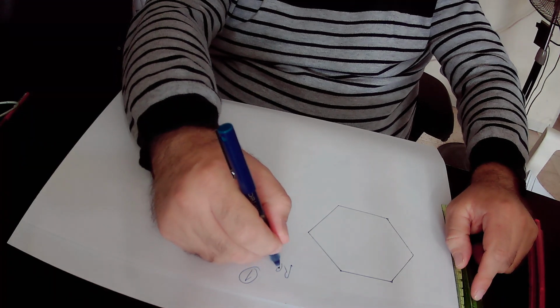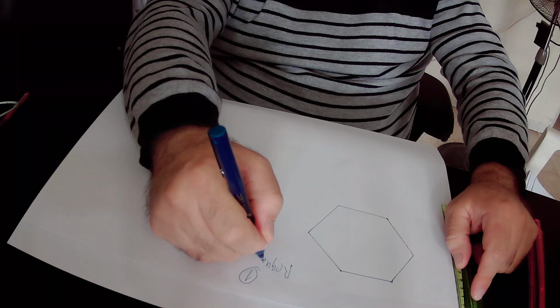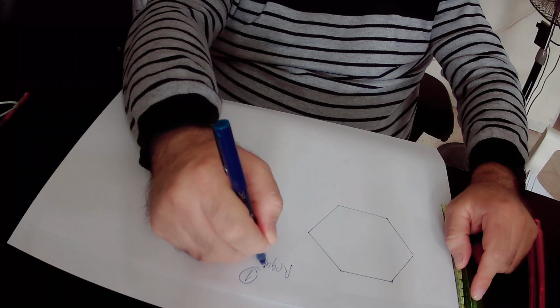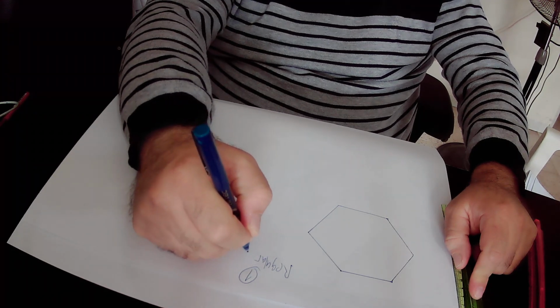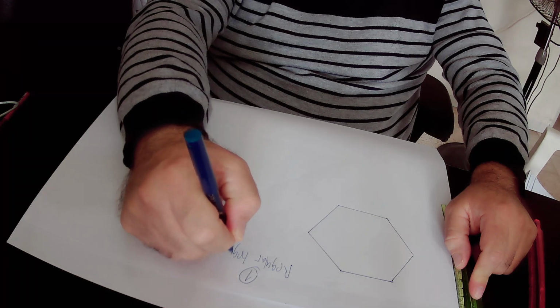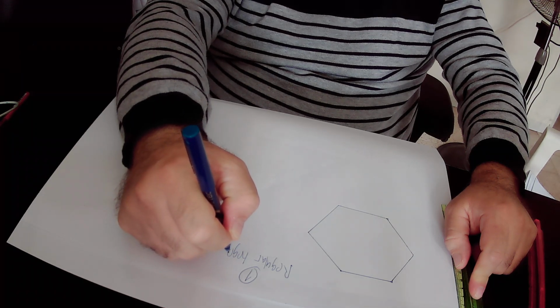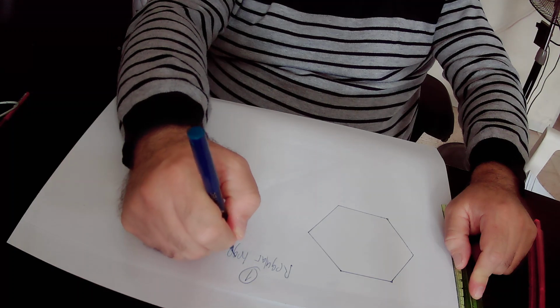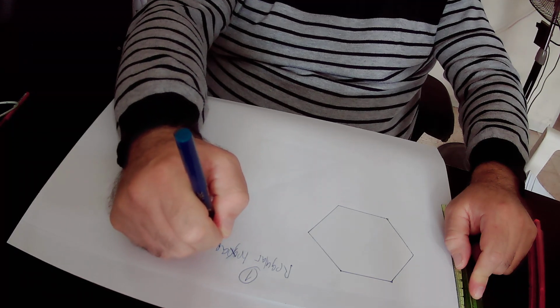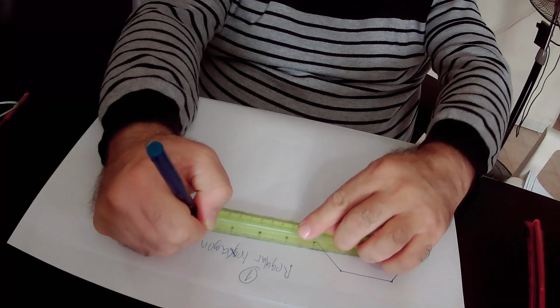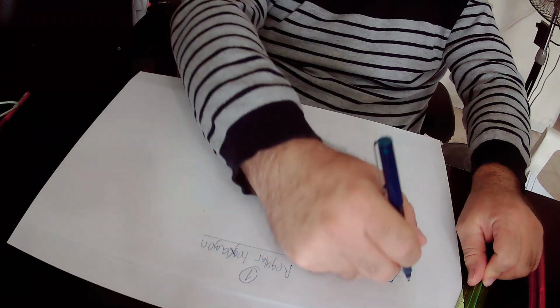So that is a regular hexagon. A, B, C, D, E, F.